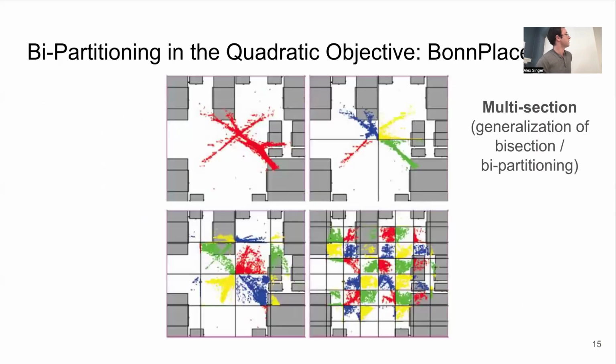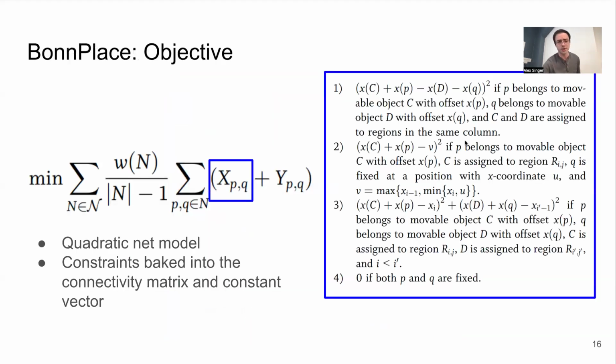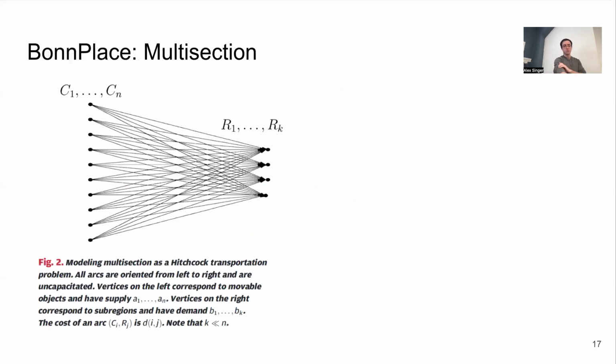Next, we talked about BonnPlace, which used a very interesting Hitchcock transportation problem to model a multi-section, which they used to decide which partition to put things into.